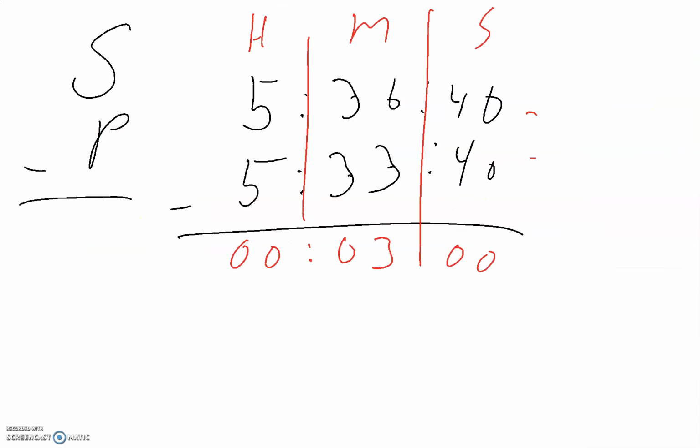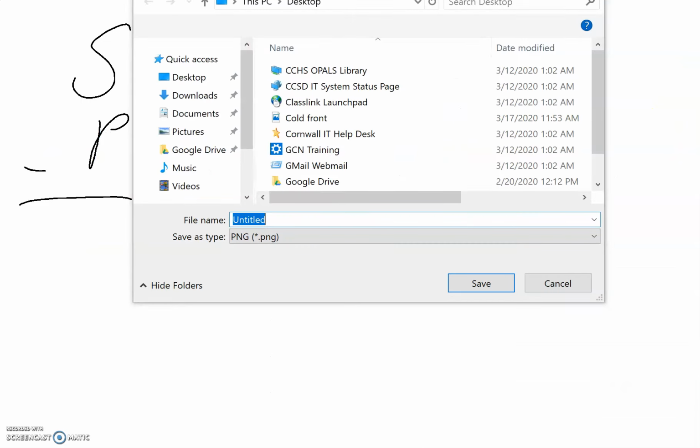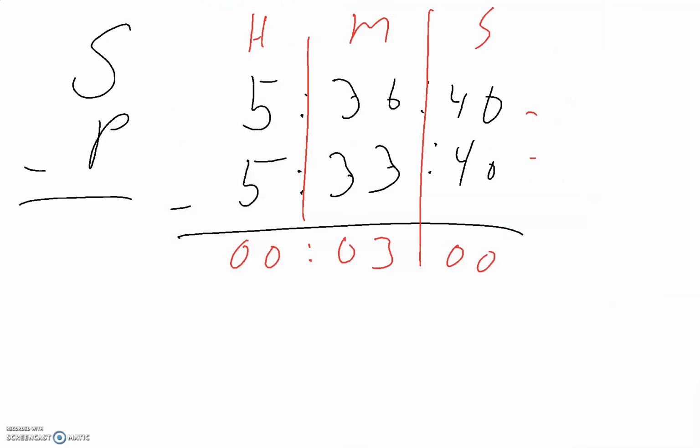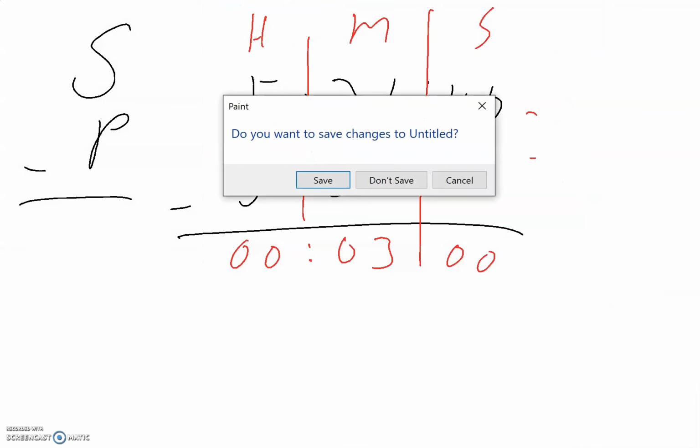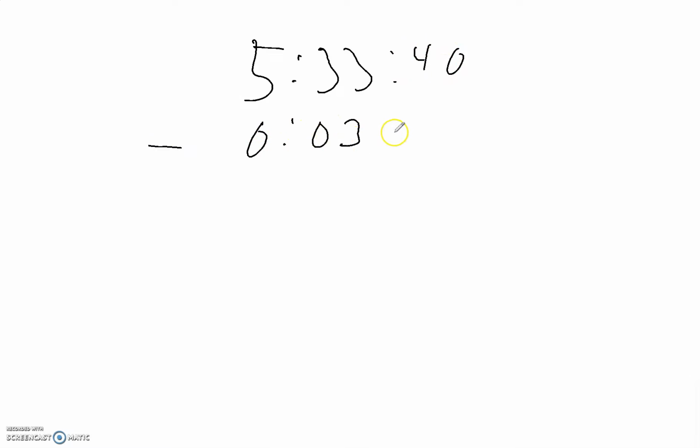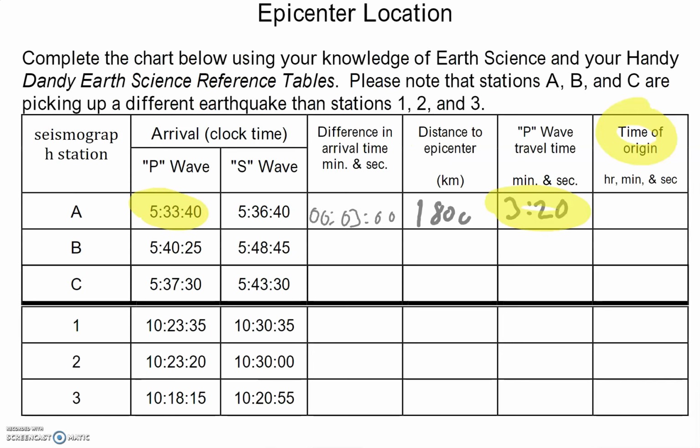So we're back here. Let's get a new clean page. Five hours, 33 minutes and 40 seconds, and I'm going to subtract 0 hours, 3 minutes, and 40 seconds from it. All right, let's make sure we have that. Whoa. Got to go back here and make sure I'm right.